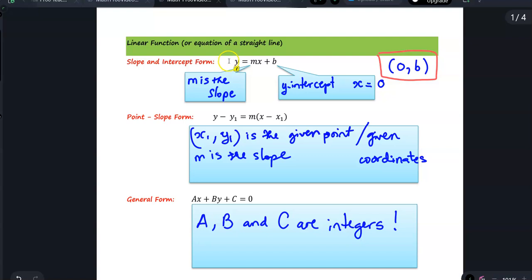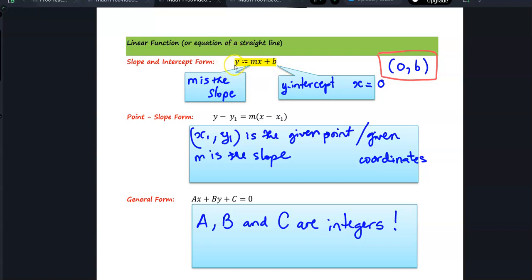I would like everyone to pay attention to this one. Okay, so just highlight it for everyone. y equal to mx plus b. And I mentioned earlier to everyone that y equal to mx plus b.